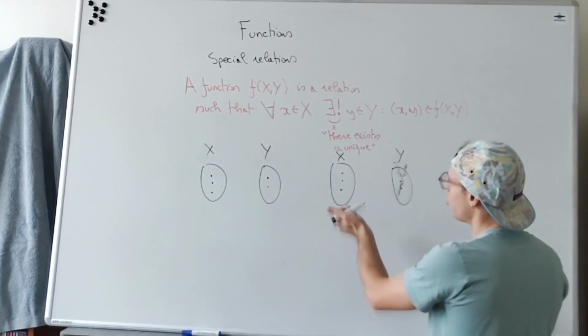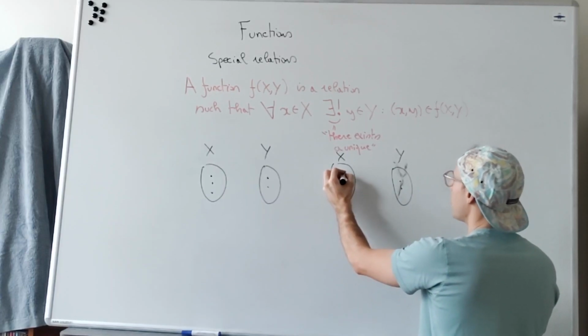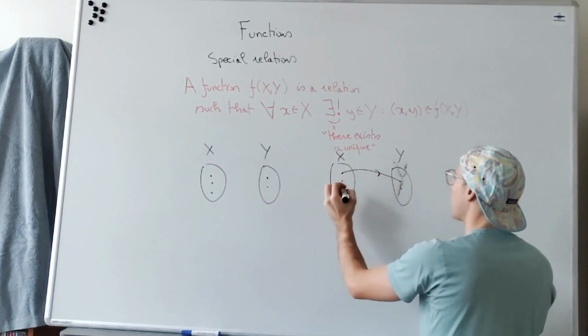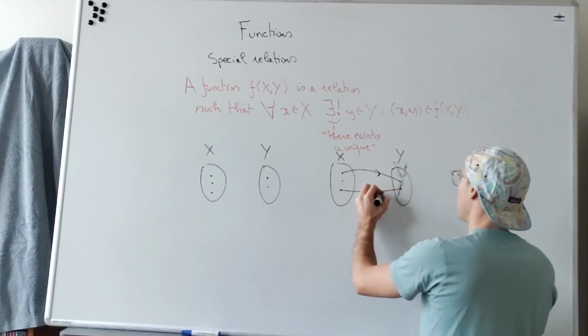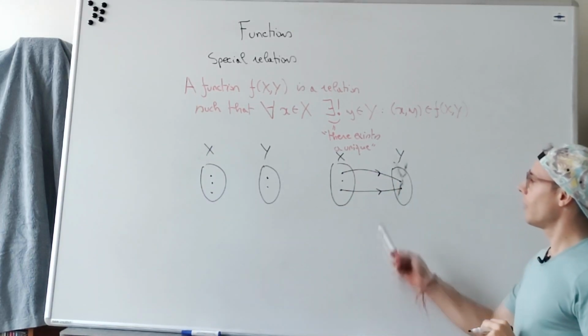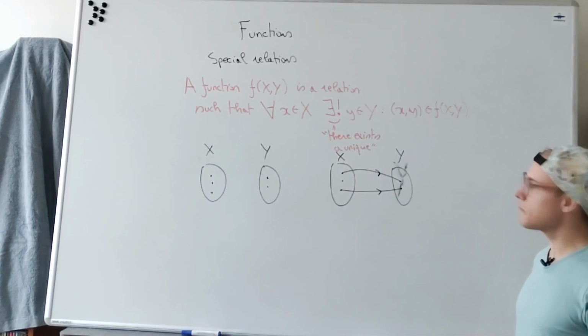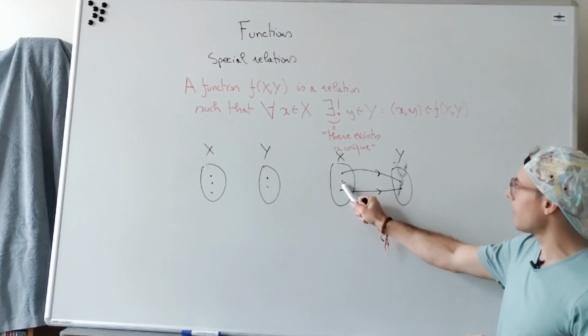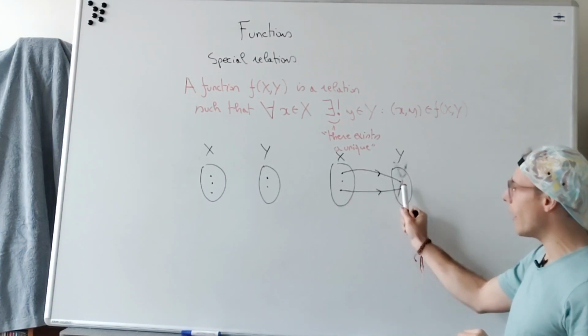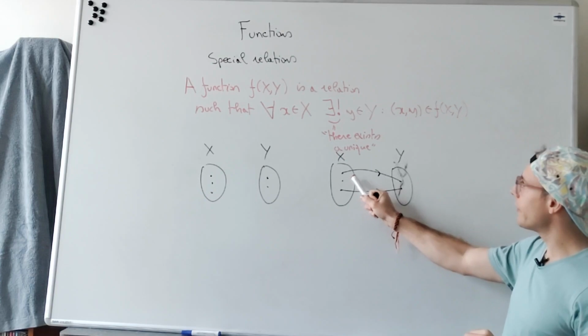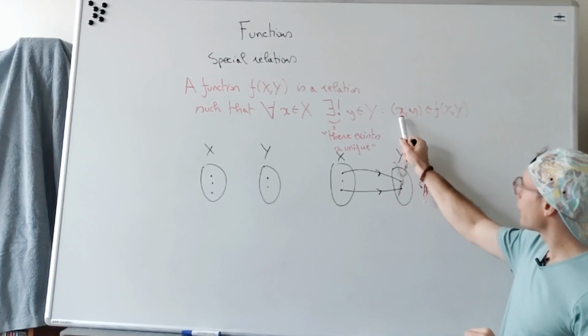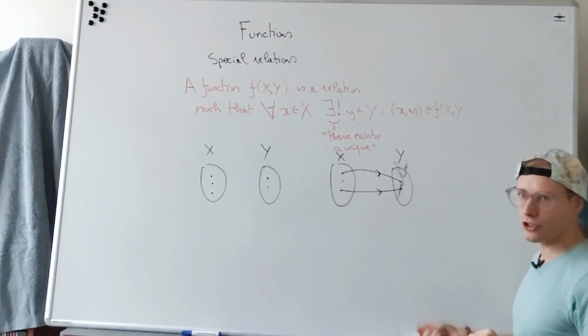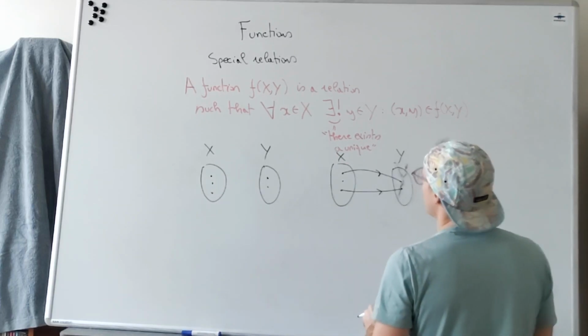I want to make a relation. I'm going to make this element go there, and this element go there. Well, this is not a function, because this element here doesn't go anywhere, so it is not the first element of a tuple of the function.